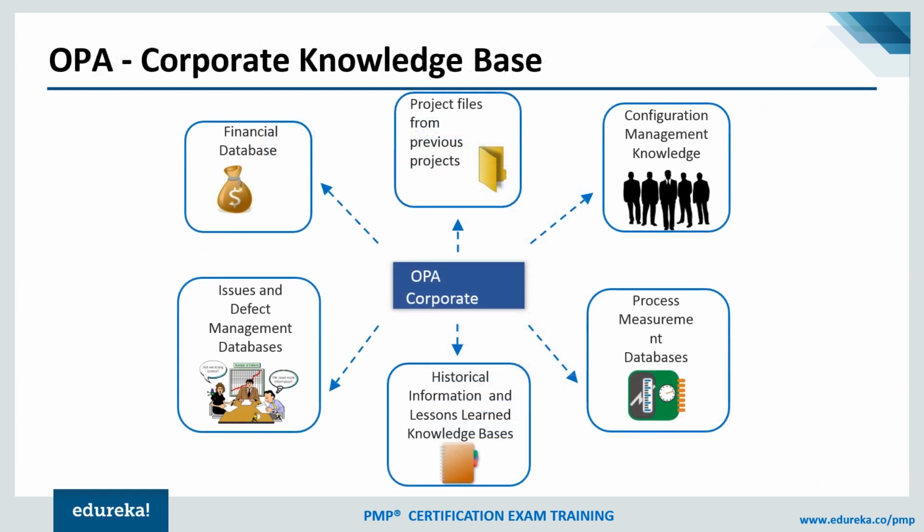Knowledge base may come from your lessons learned, your historical information, or the corporate knowledge base. So the corporate knowledge base is your financial database, your issues and defect management database, how the issues are handled, what kind of issues you have handled in the past, what were the defects that you had encountered earlier. So you can incorporate that information in your current project.